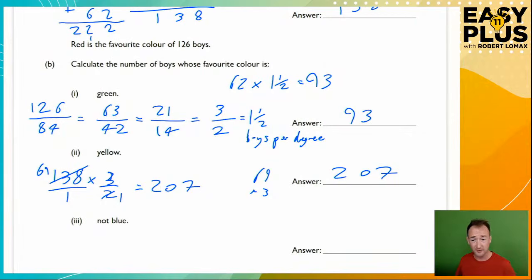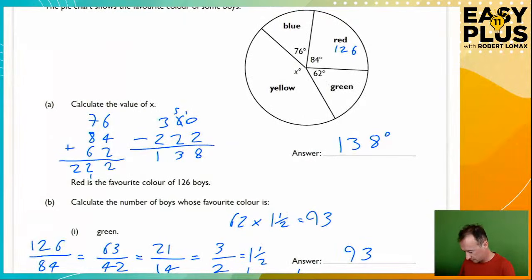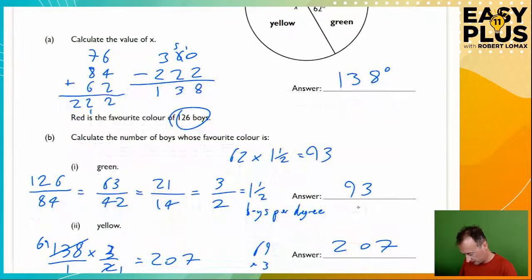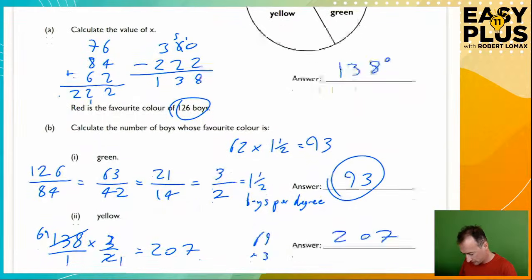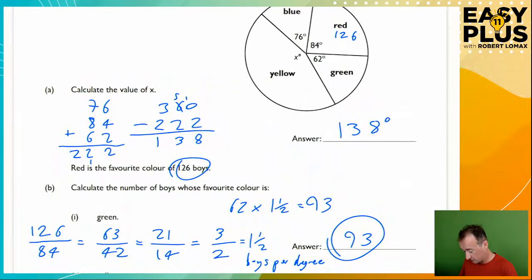A simpler approach at this point would just be to work out all the other sections and add them together. So we've got red is 126 boys, green is 93 boys, and yellow is 207 boys. If you add those together, you'll have the number of boys who chose not blue.